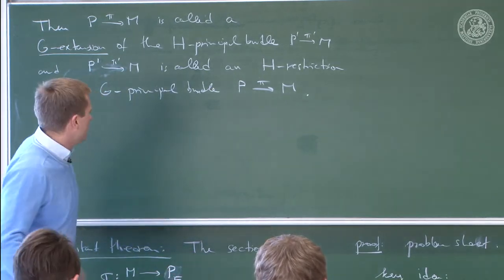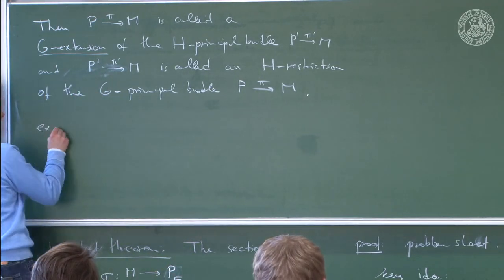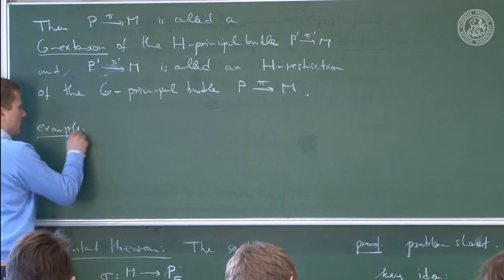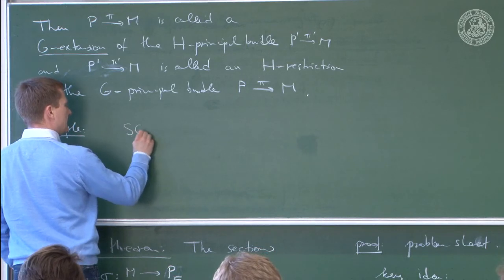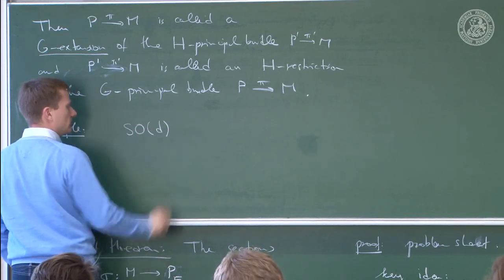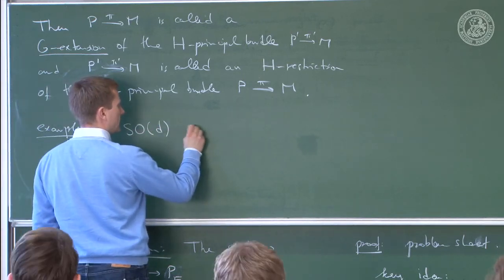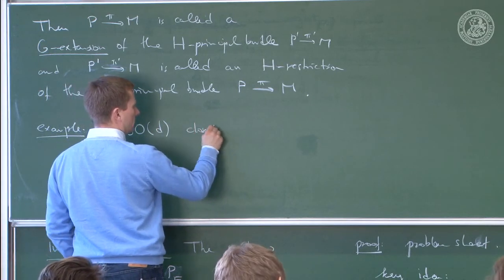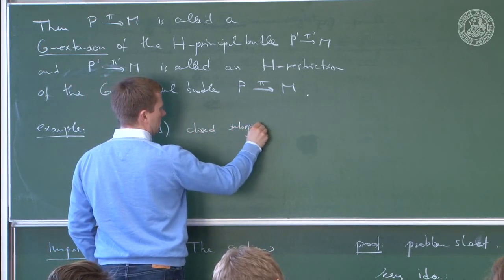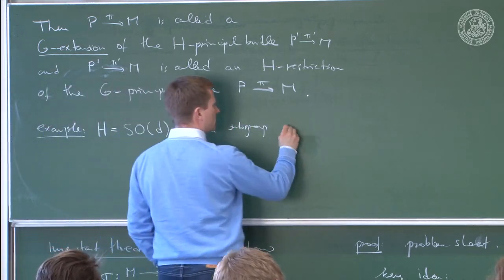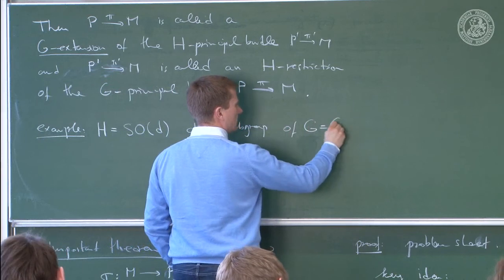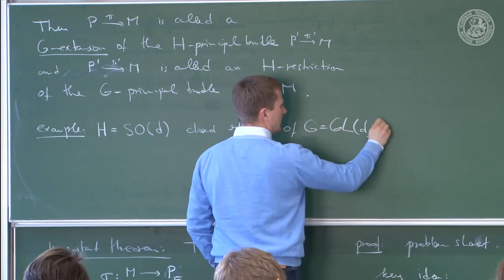There are different groups, and for example, we might want to look at SO(D) as a closed subgroup. So H chosen as SO(D) as a closed subgroup of G of GL(D,R).